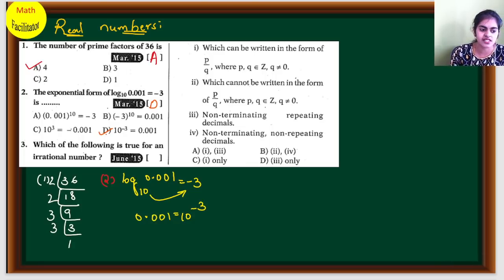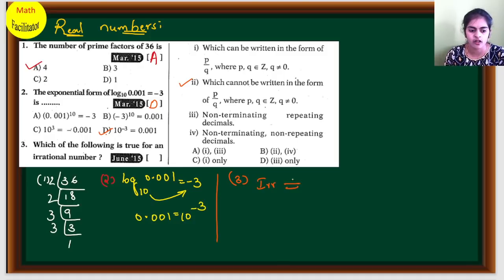Which of the following is true for an irrational number? Which can be written in the form of P by Q? An irrational number cannot be written in the form of P by Q. It is a non-terminating, non-repeating decimal. If there is any irrational number, you cannot write it in the form of P by Q. The second point is the decimal expansion of an irrational number is always non-terminating and non-repeating.